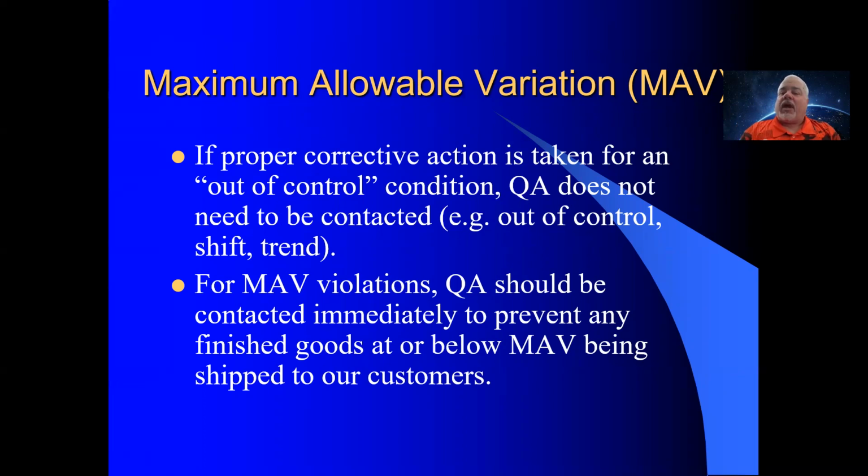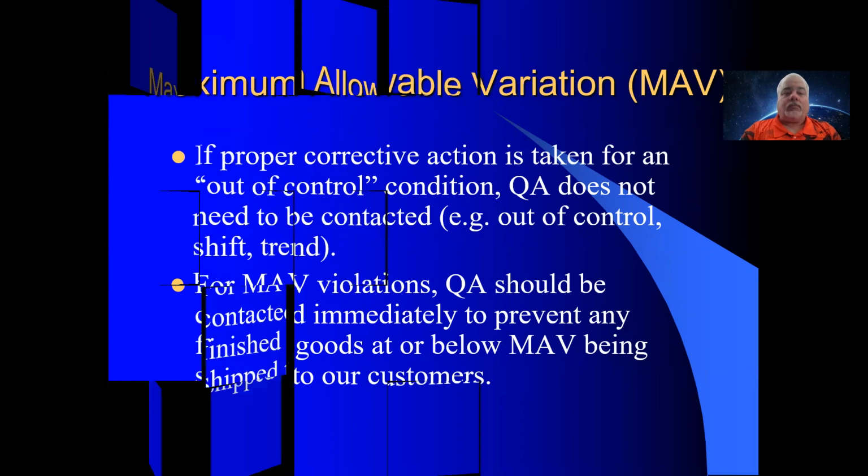But some of these other out of control conditions, if they're minor and they don't look like they're a MAV problem, the technician and machine operator have the tools and the training to deal with it on their own.